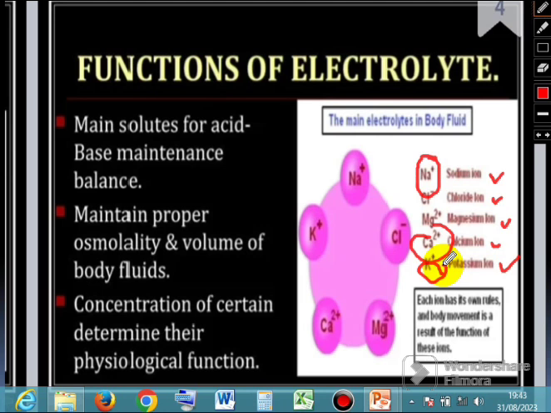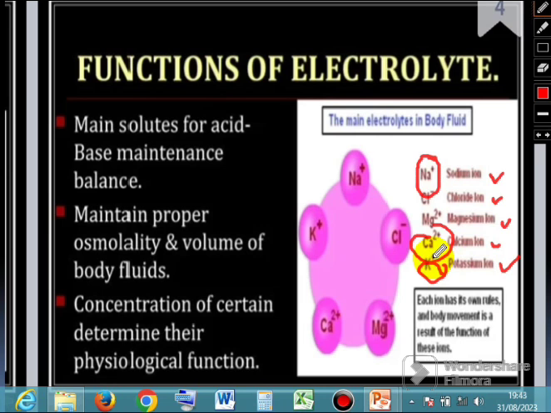Does it really help in muscle contraction, or muscle relaxation? Relaxation. Okay? The influx of sodium ions and calcium ions causes depolarization and contraction of muscles and nerve cells.